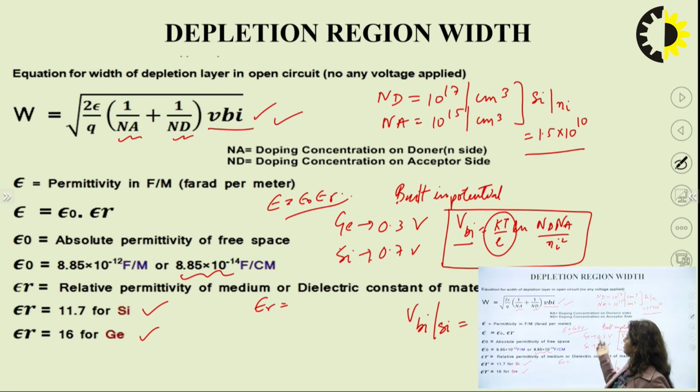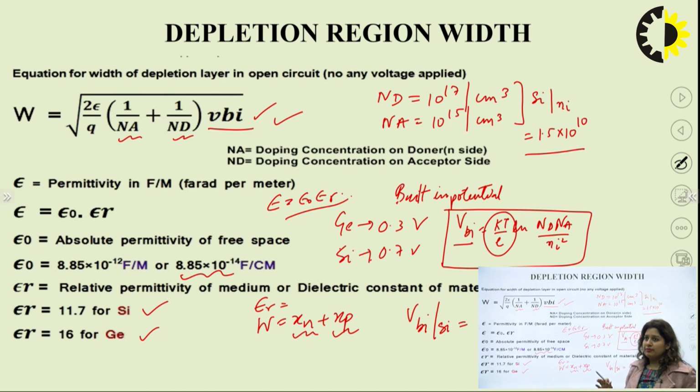Just put down all these values and you can easily calculate the width of the space charge. This space charge width is a combination of the P and N regions, so W equals Xn plus Xp, the N region width plus the P region width.